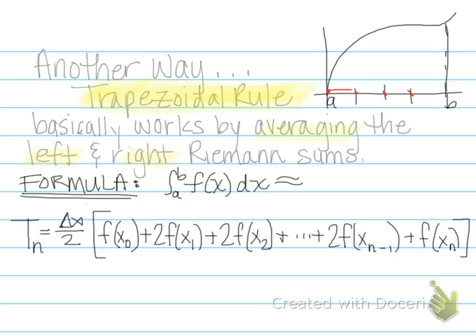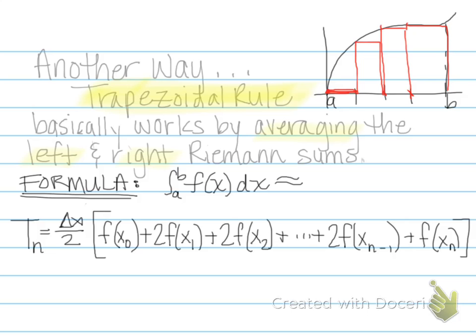So that one would zero out. Here's your height of the next rectangle. Here's your height of the last rectangle. That's with 4 intervals using the left-hand sums.